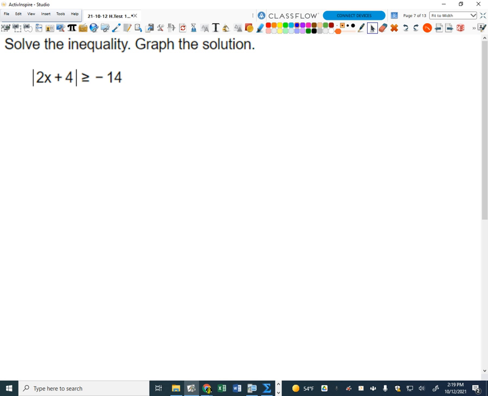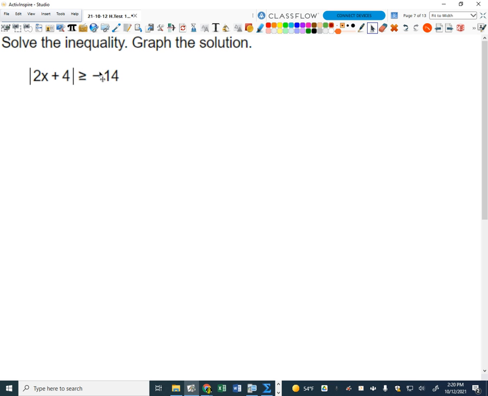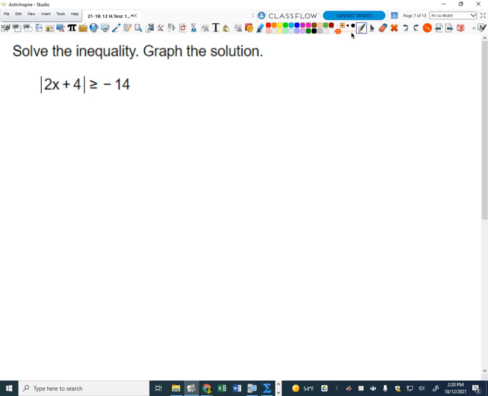Oh, okay, what about this one? Yeah, I know why I put this one up there. What's the answer to this one? Right, when you get a negative on the opposite side of an absolute value, that's where you got to really pay attention, right?